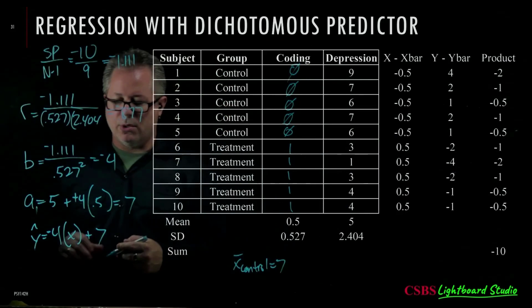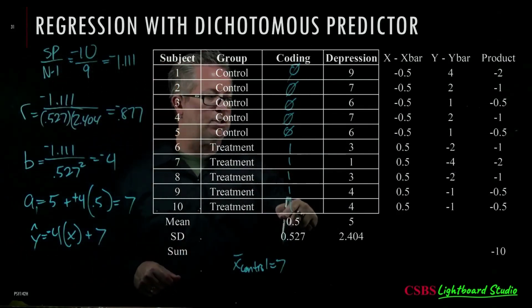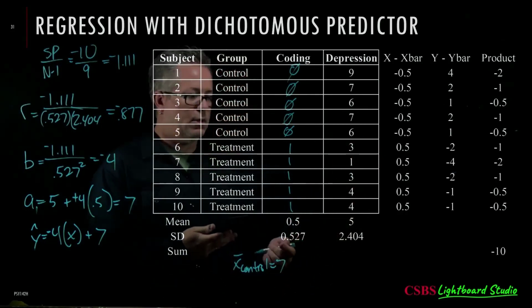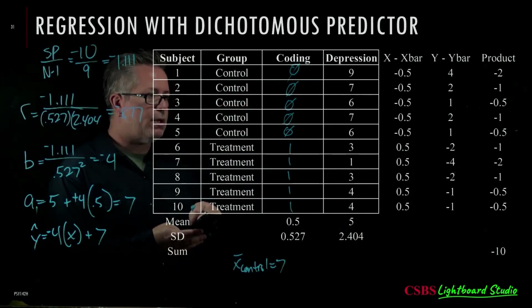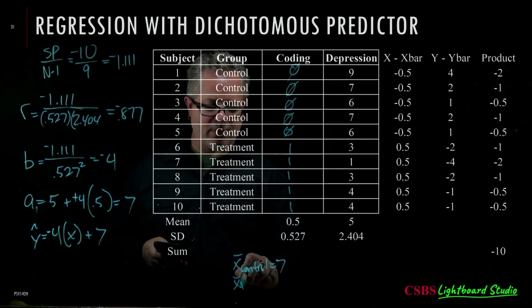Okay. What about when x is 1? When x is 1, I expect the other group mean. 3 plus 1 plus 3 plus 4 plus 4 equals 15, divided by 5 equals 3. So the mean for the treatment group equals 3.